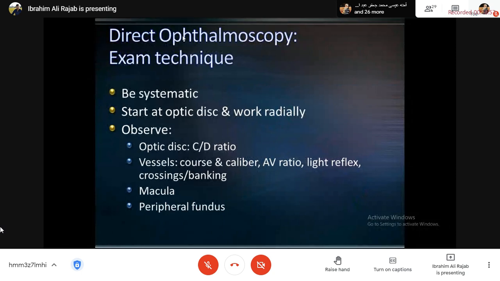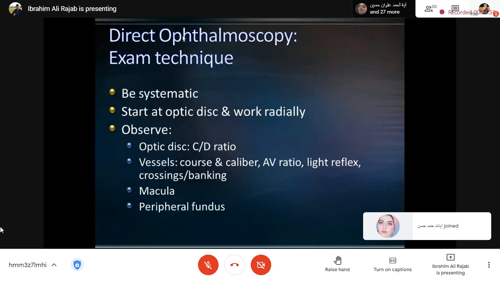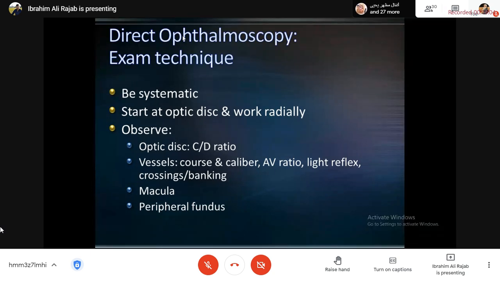Once you catch the retina, you should have a system in examination of the retina. You should observe and examine the disc, the blood vessels, and the macula. Then you go to the peripheral fundus.